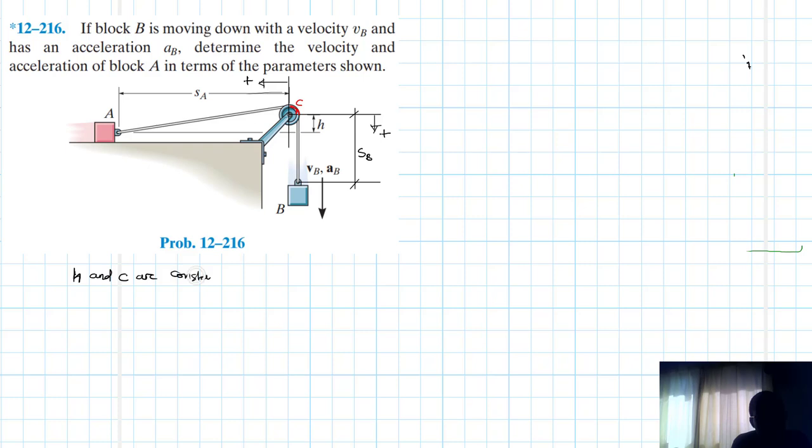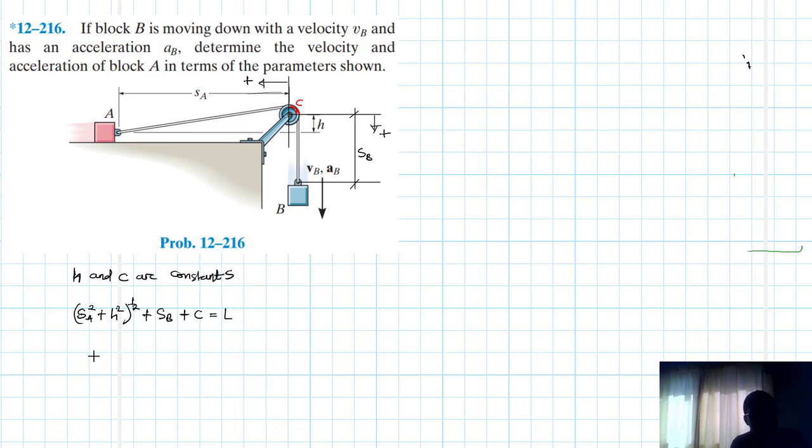All right, so let's start. We have the square root of SA squared plus H squared, to the power half, plus SB, plus C, is equal to L.